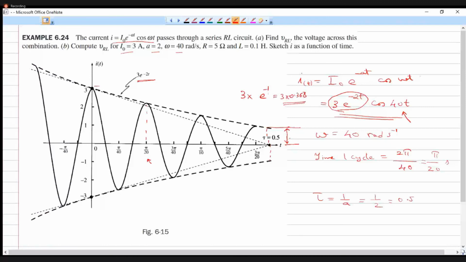So this will be equal to I of tau, which is 0.368 times I naught. In our example, I naught is equal to 3 ampere, so that will be equal to 0.368 into 3. All these are the things I wanted to explain here. I hope the concept of damped oscillation is clear to you by now.